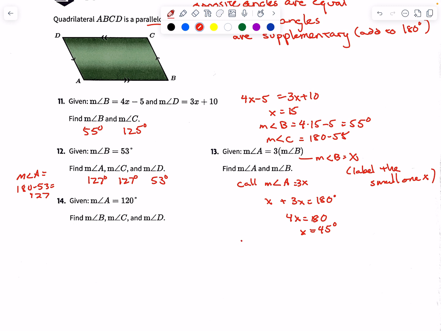Okay, so if A is 120, then B is 60, C is 120, and D is back to 60. That one's an easy one. All right, that's it.